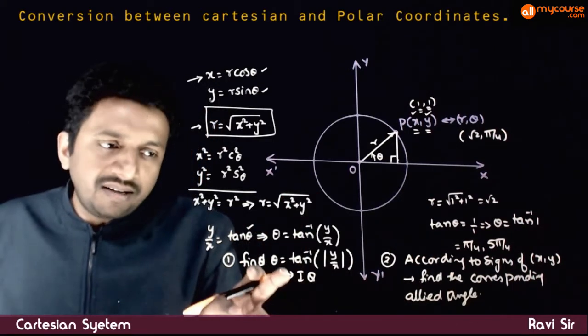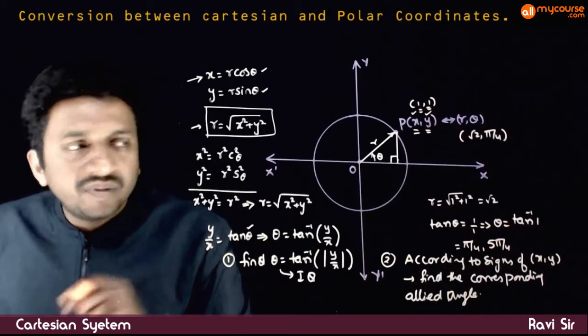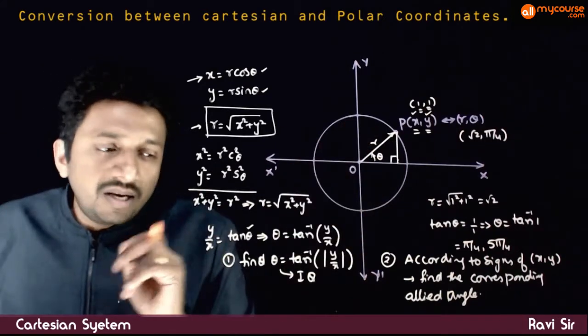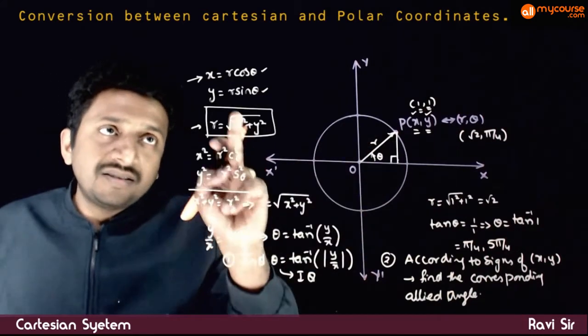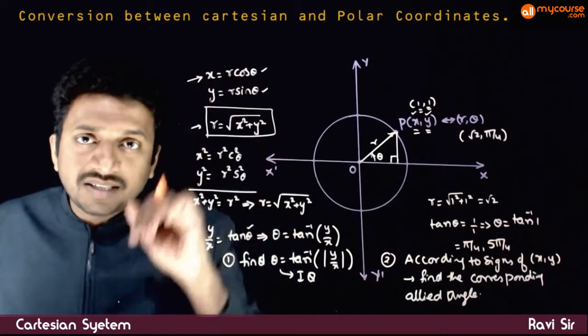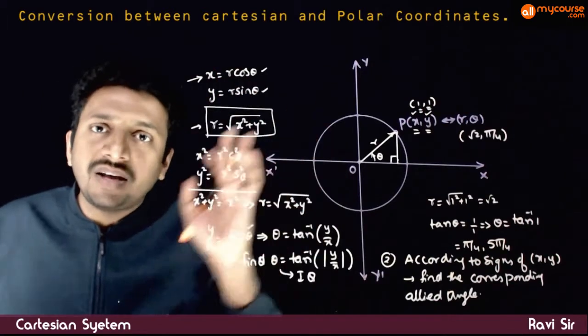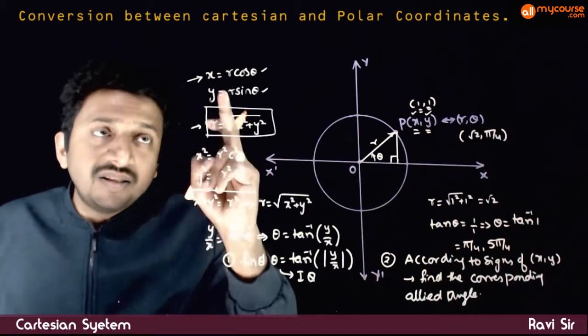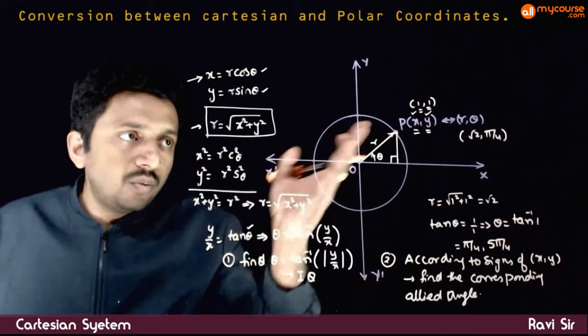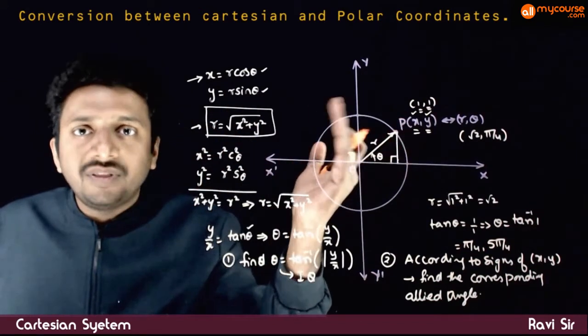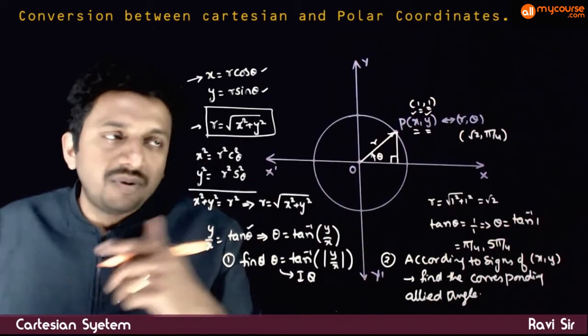For example, if you get theta is equal to pi by 4, and the coordinates x and y are such that x is negative and y is positive, that means the point lies in the second quadrant. So what is the allied angle to pi by 4 in the second quadrant? Pi minus pi by 4.